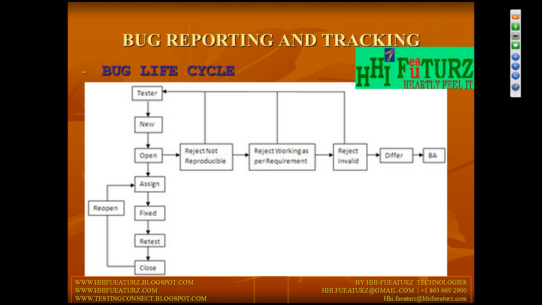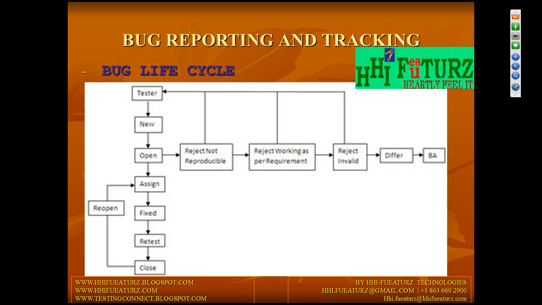So this is the very high level flow you try to follow for the statuses from new to close. In the middle, let us suppose the developer accepted it as a bug, but the client doesn't want that bug fixed in that feature immediately. Let us assume you reported one bug that is really a bug.